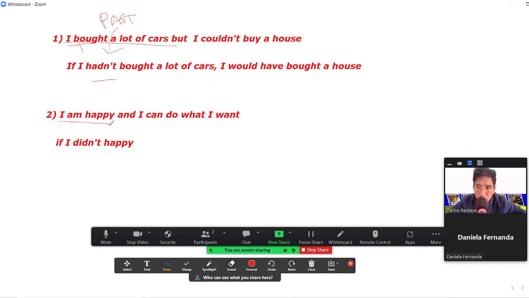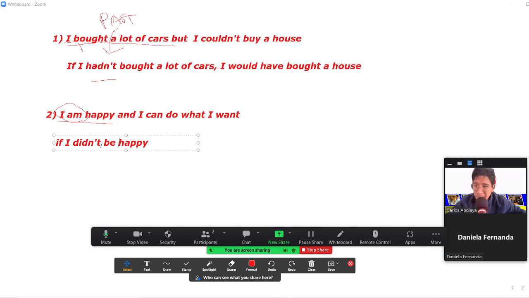If I am happy, ¿cuál es el verbo? Happy es el verbo, feliz, ¿es un verbo? ¿Yo feliz estudio? No. ¿Cuál es el verbo? Am. Pretty good. Entonces, ¿cuál es el negativo de I am happy en pasado?